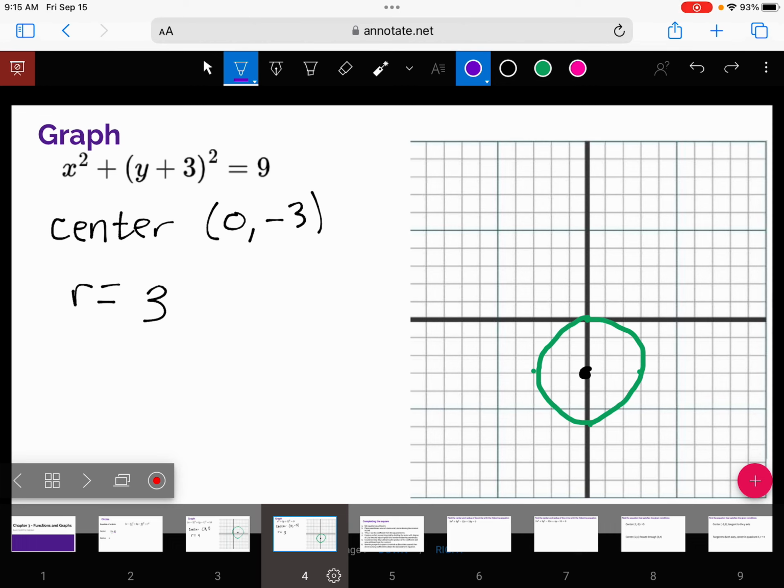No, we're not going to have any more graphs, because now we see what they're supposed to look like. But what happens when we give you an equation that looks something like this? This is going to be our first one that we play with.